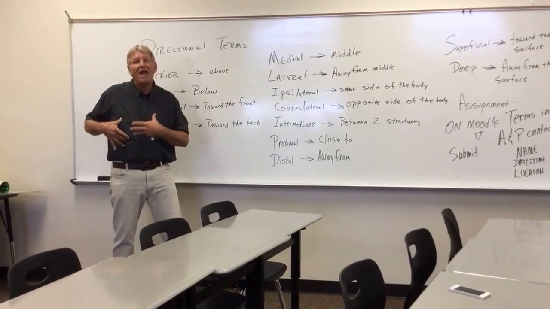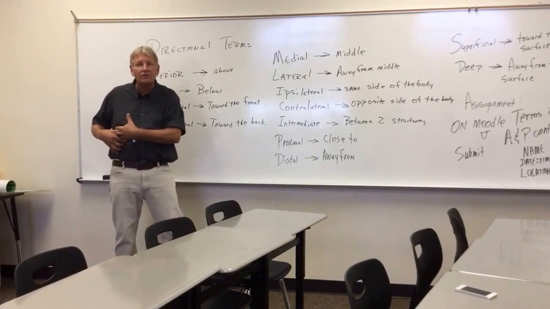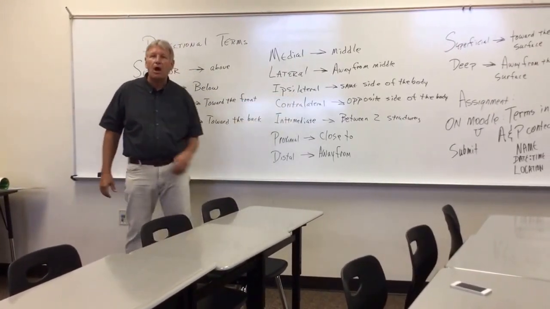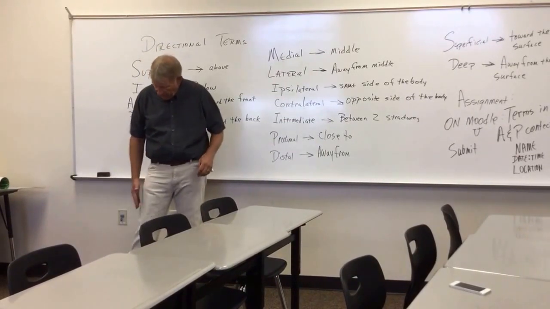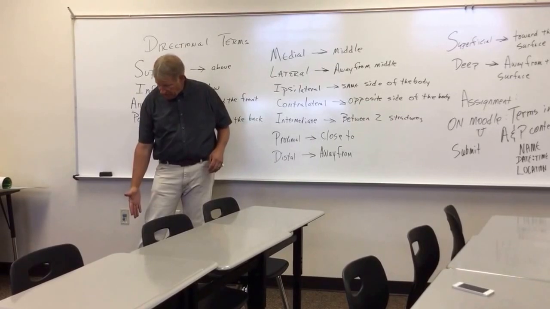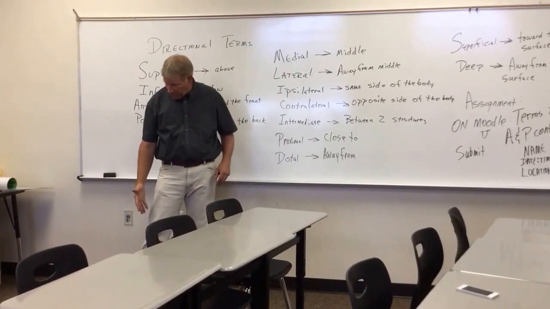Maybe I have something happening in one part of the heart that's sending particular blood to that part. So once again, ipsilateral, same side of the body. Here we are, ipsilateral with this right leg and this right hand.